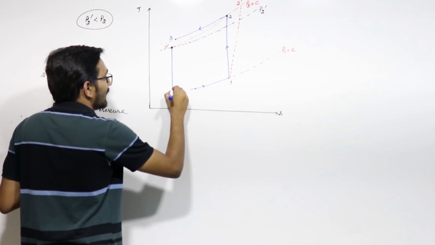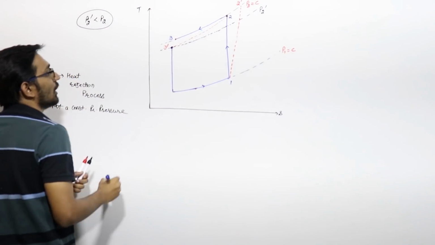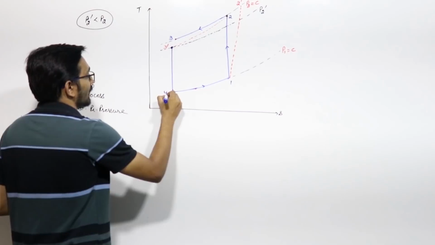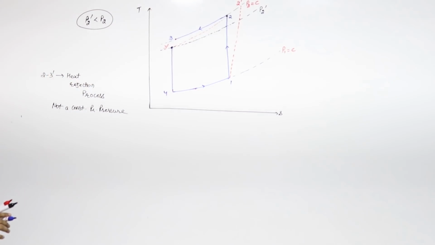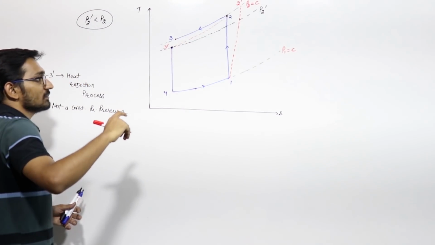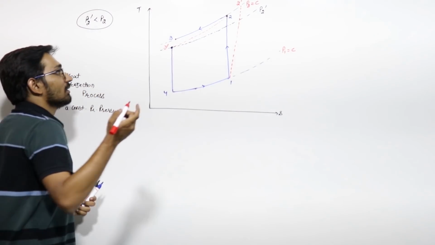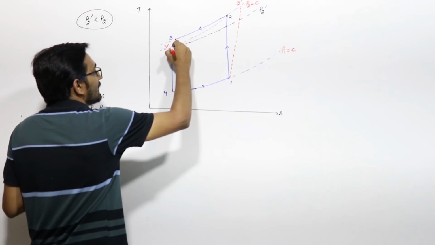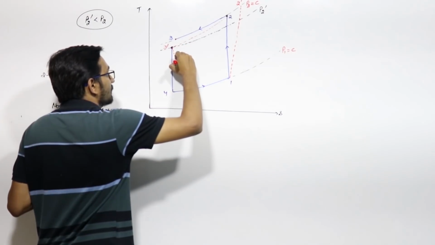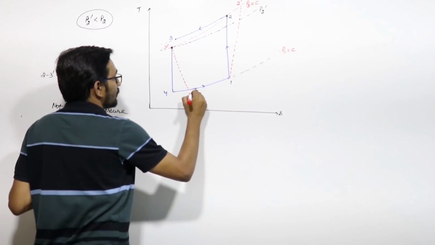Then the process will go like this, from 3 dash to 4. Let us say this is P2, and P1 is equal to a constant line. But because of the irreversibility, now the process will be this one, 3 dash to 4 dash.